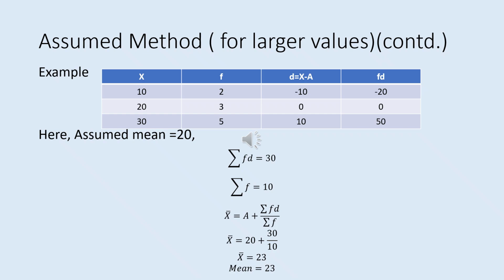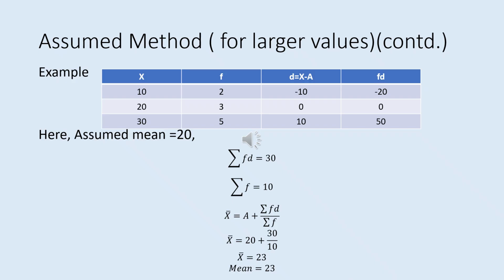So the first deviation will be 10 minus 20, which is minus 10. The second deviation will be 20 minus 20, so it is 0. And the third deviation will be 30 minus 20, that is 10.